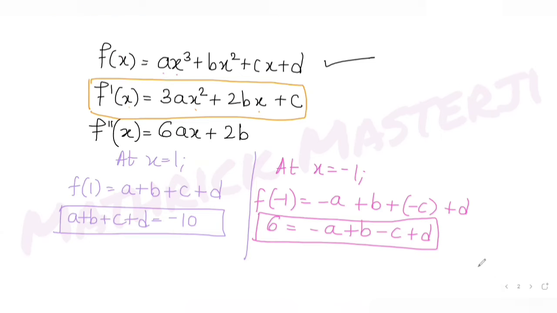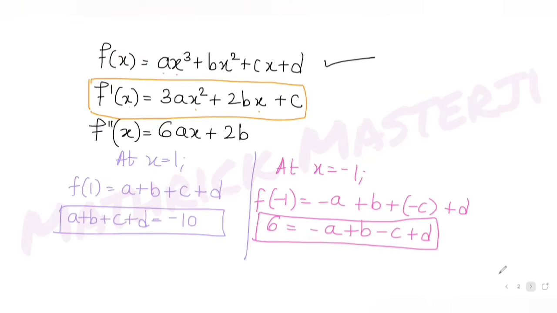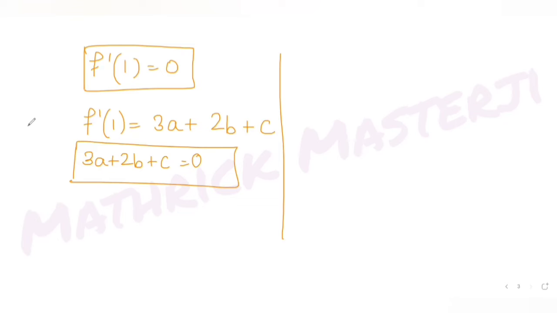We have also been told that f dash of x, the derivative of f of x, also has a local minima at x equals minus 1. If the derivative has a local minima, the derivative of that derivative will be equal to 0 at x equals minus 1. The derivative of the derivative means the second derivative.